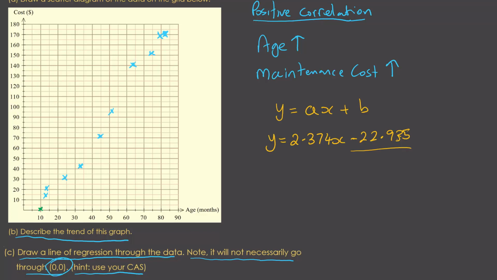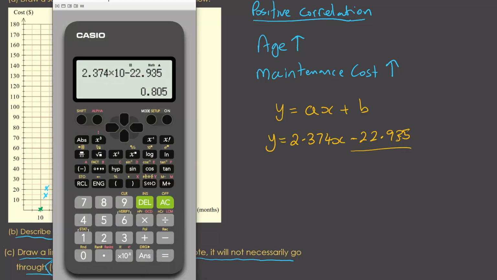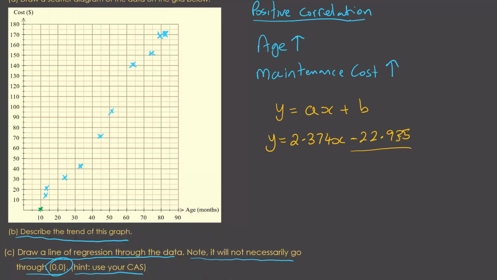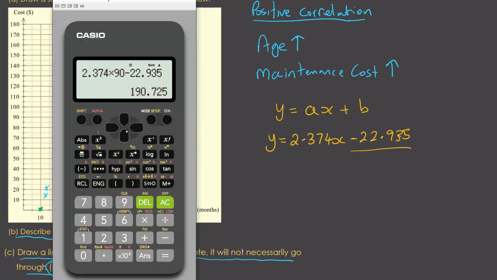And then let's go to 90 and compute it there. So if I bring the calculator back, all I need to do is go and edit that 10 so that it's now a 90. And that's 190.7. That's off the top of the graph, so I can't really use that point. So let's use 80.